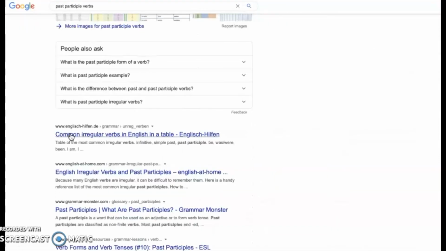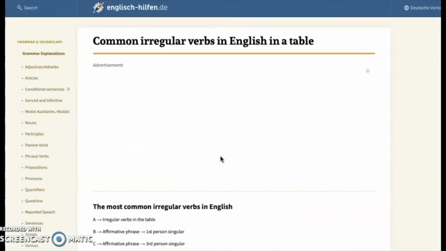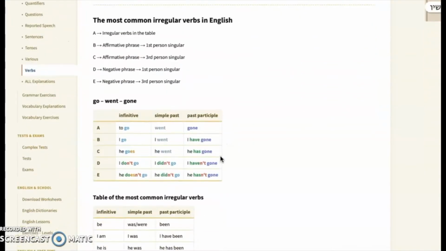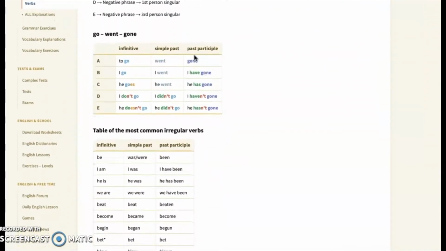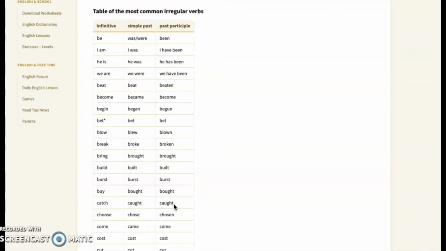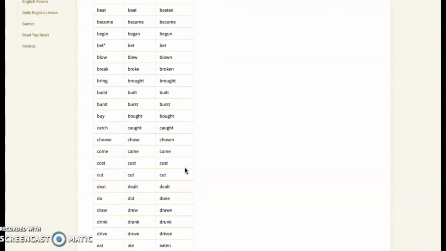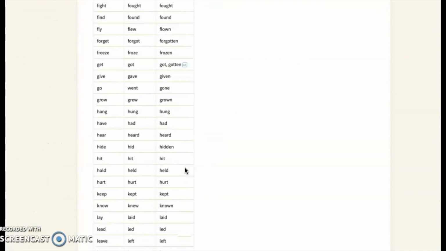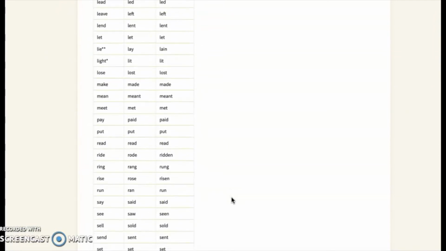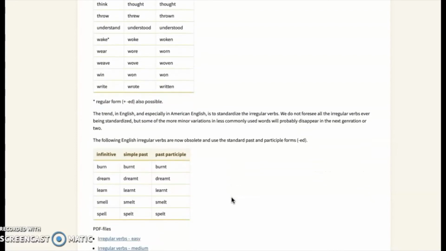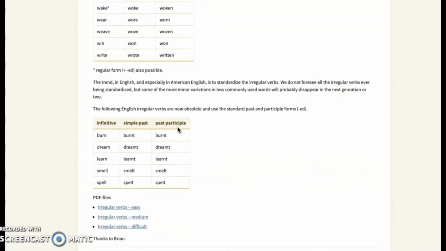There's another site that you could go to, and it shows a lot of the different forms of the past participle. You can see that a lot of the irregular verbs end with the n, not all of them though. And then the regular verbs will end with the ed. So you can visit different websites to see the list of the past participle verbs.